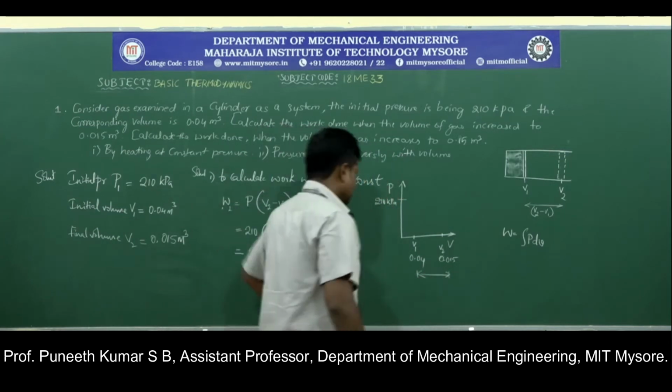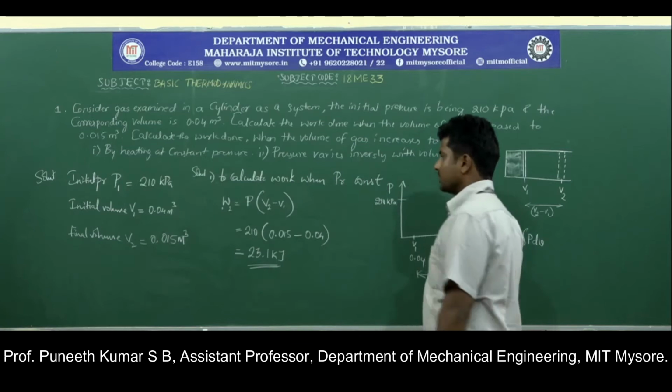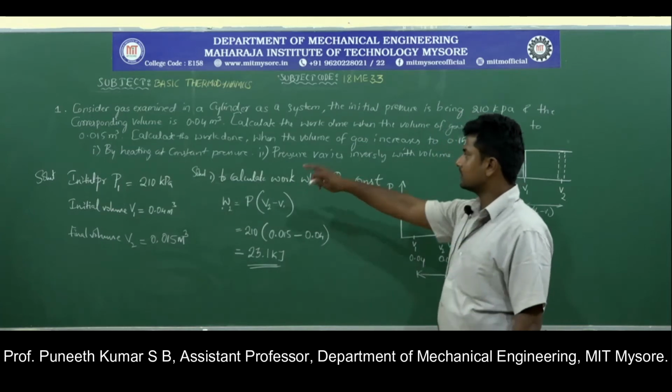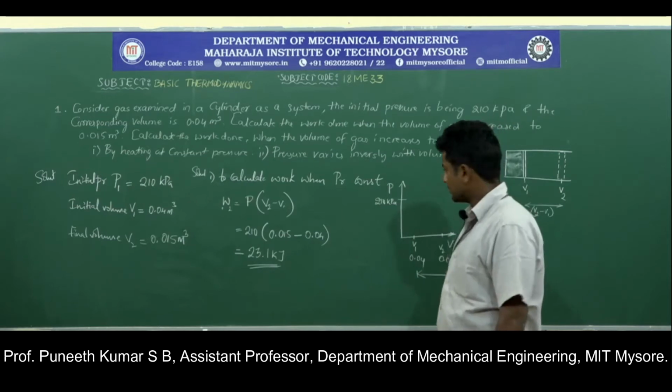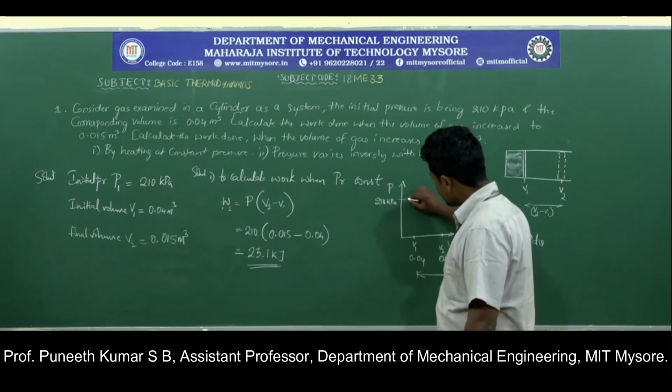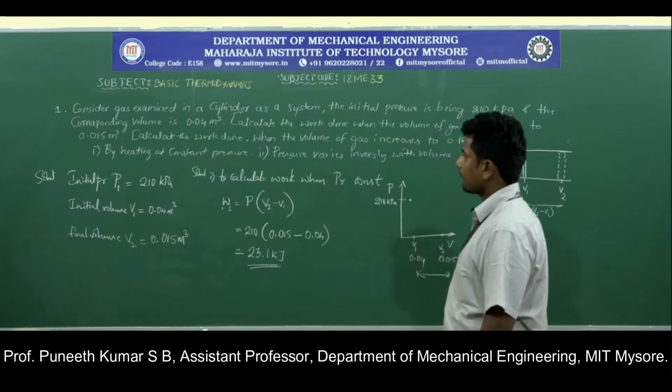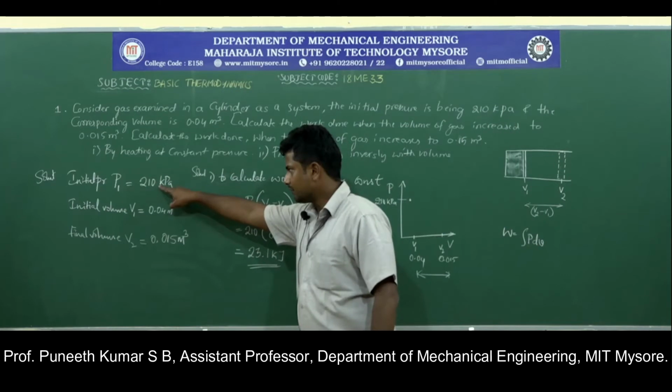Now the expansion is happening. According to the author, the expansion should be happening keeping the pressure constant. So the initial pressure is 210, and the pressure remains the same.